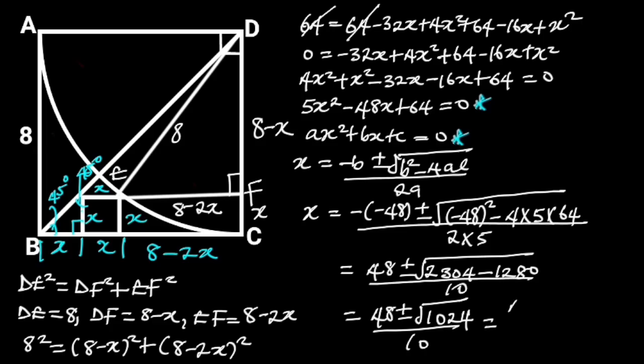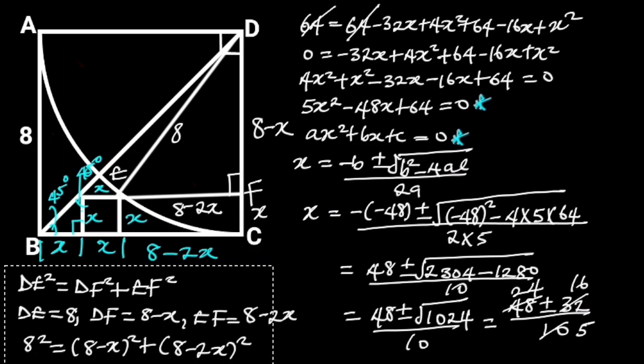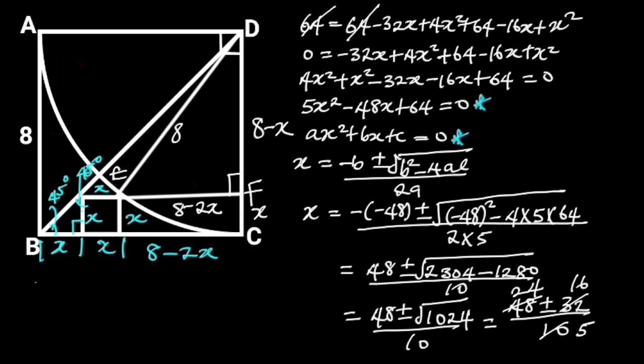So, we are left with 48 plus or minus 32, all over 10. Let's simplify by dividing through by 2. 10 divided by 2 is 5, 48 divided by 2 is 24, and 32 divided by 2 is 16. So we are left with x is equal to 24 plus or minus 16, all over 5.